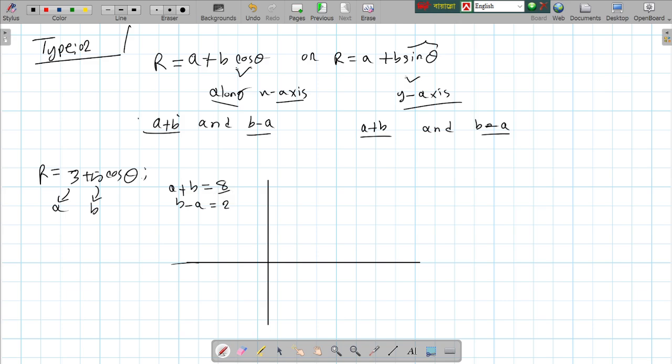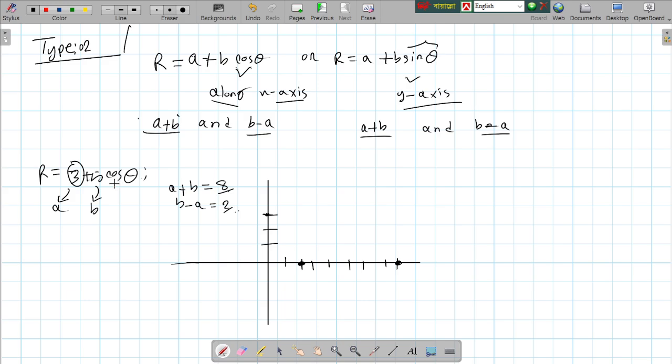We need to select this position 8, 1 2 3 4 5 6 7 8, and this is position 8 and this is position 2, and along the y-axis we need to trace 3, 1 2 3, the value of a.